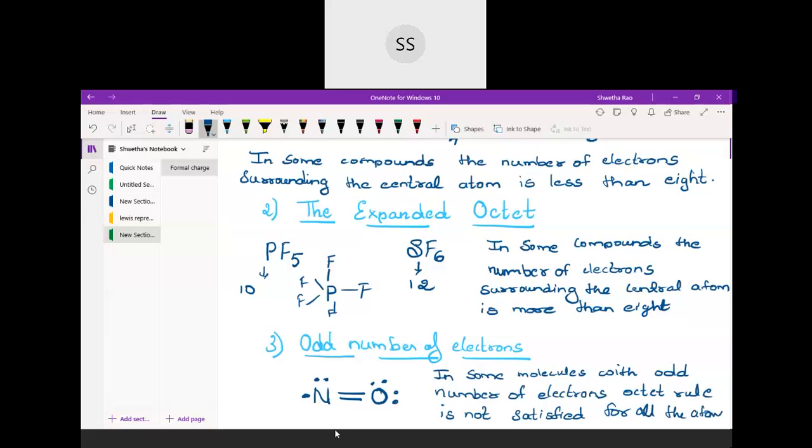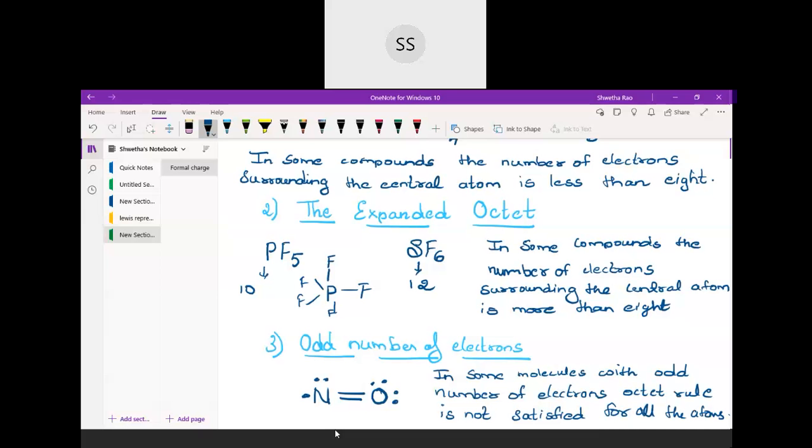So you can write down the explanation for odd number of electrons: in some molecules with an odd number of electrons, the octet rule is not satisfied for all the atoms. That you can understand by seeing the number of valence electrons.